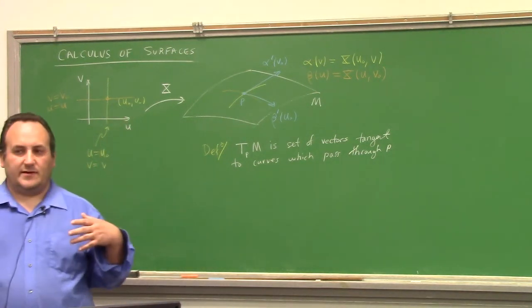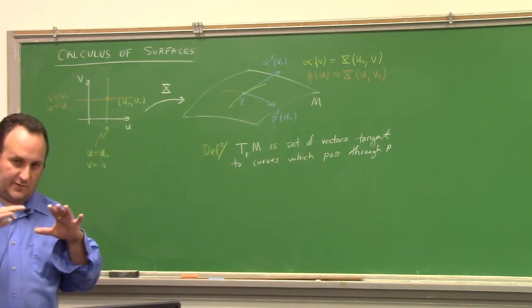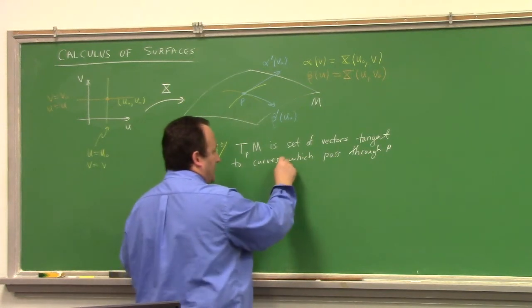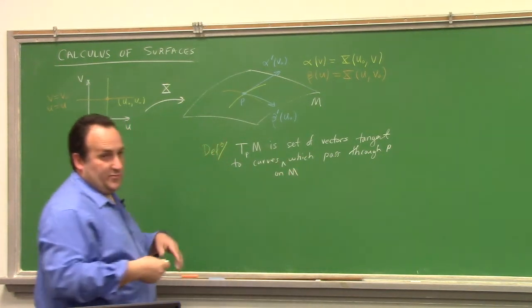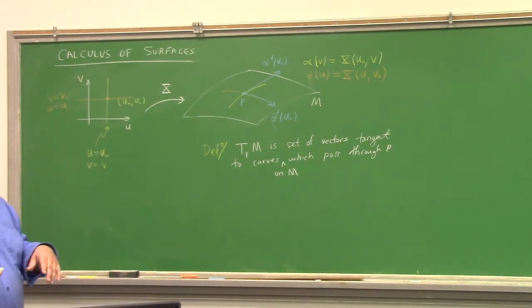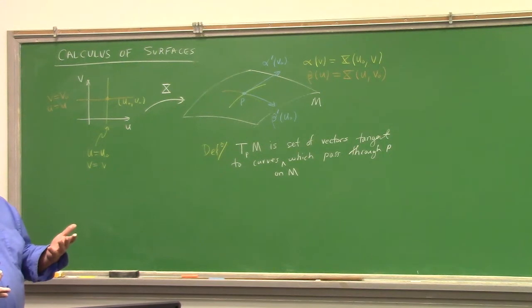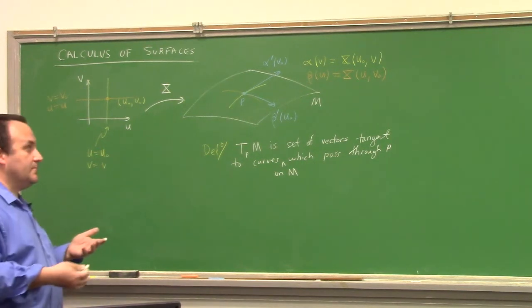What kind of curves am I talking about? I'm talking about curves that are on the surface, curves on M, which pass through P. And if I think about the collection of all tangent vectors to those, that's what I would call the tangent space to M at P.